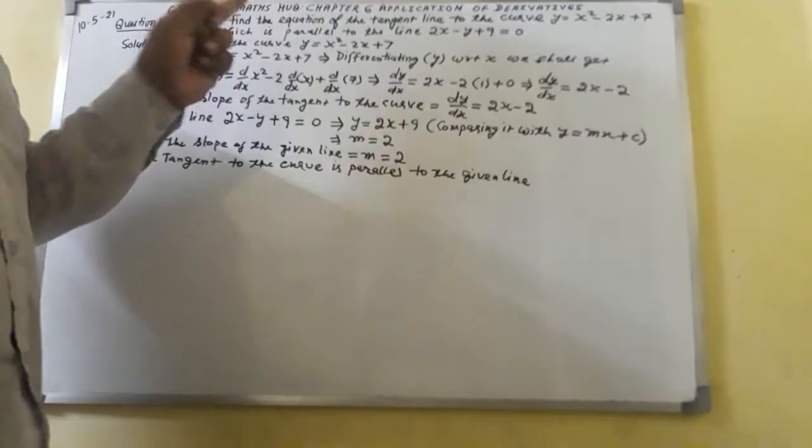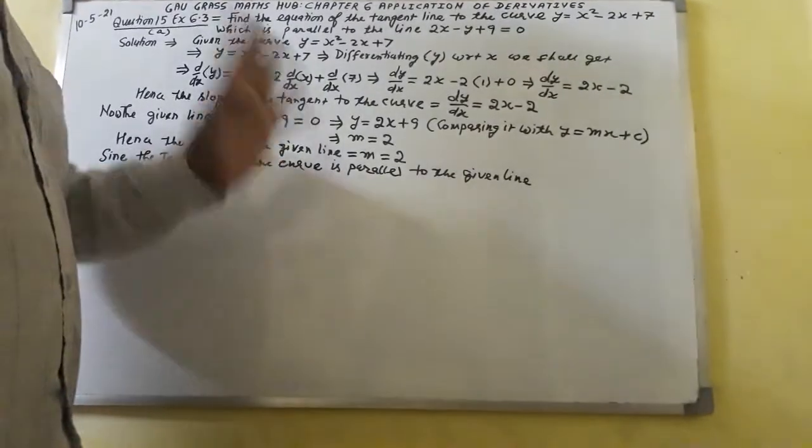The given line is this one. The tangent to the curve is parallel to this line.